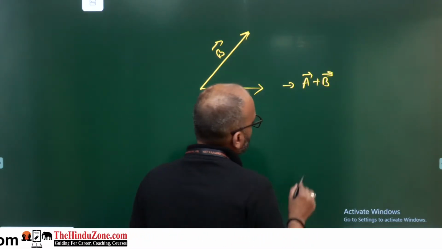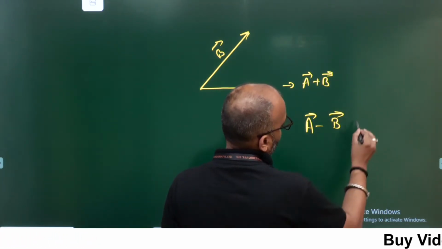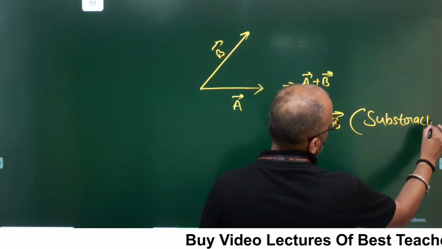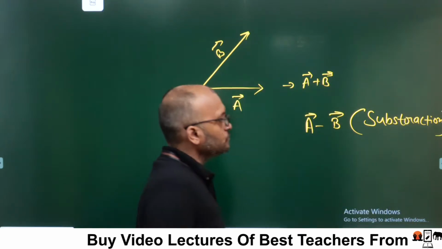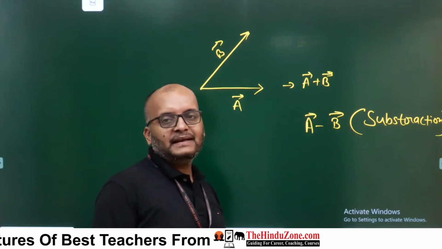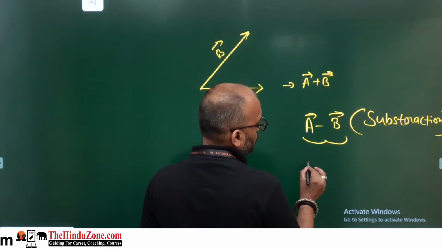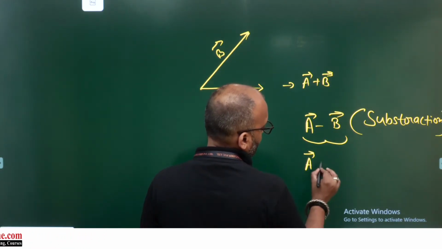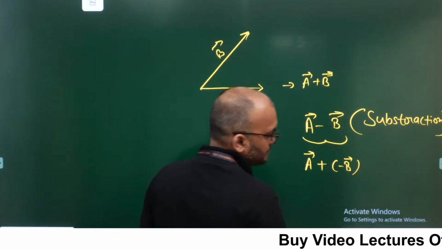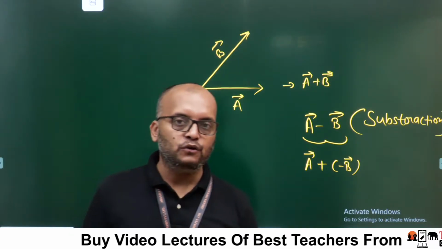Now if I ask you to find A minus B, or you can say subtraction of vectors, so how to find A minus B? See, it is very easy. What we are going to do is, we are going to write it as vector A plus minus vector B. We are just going to add the vectors by the normal laws that we already know.